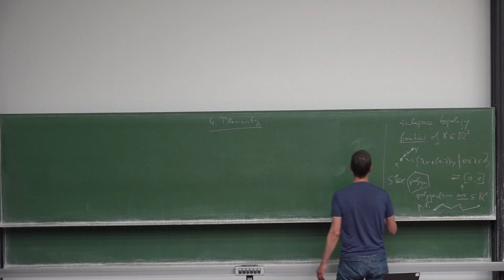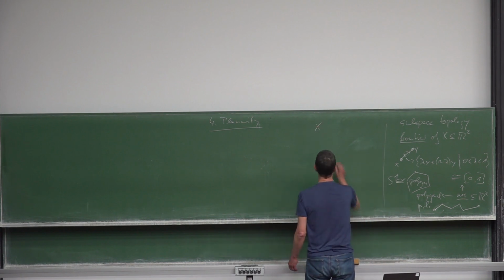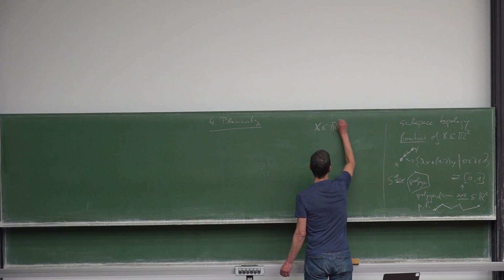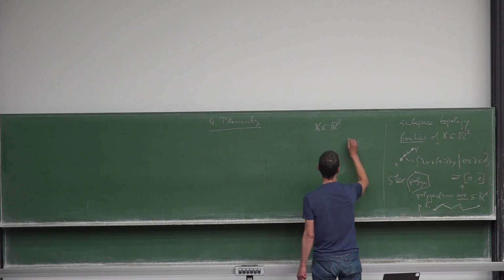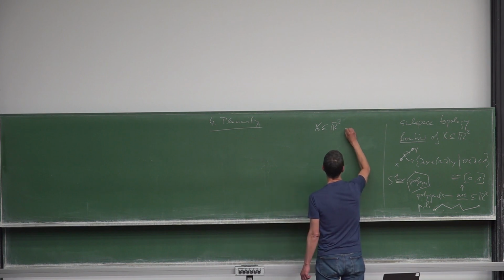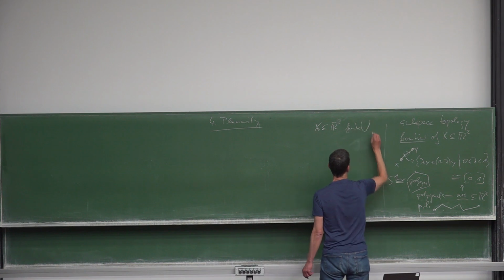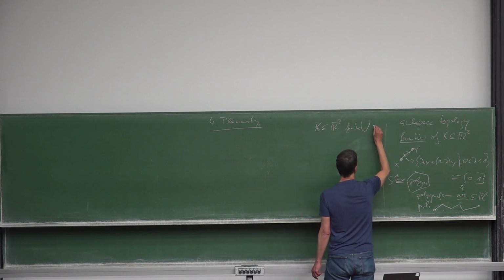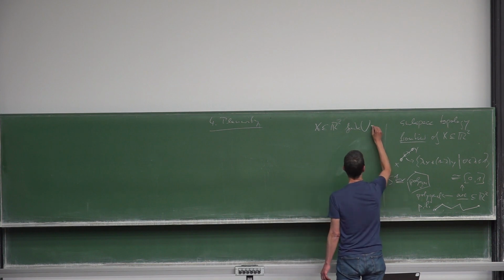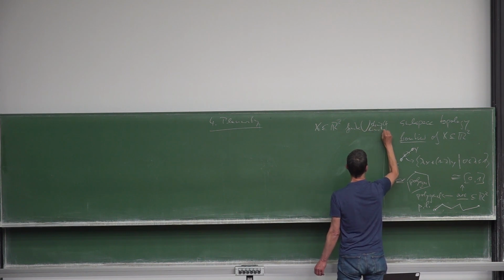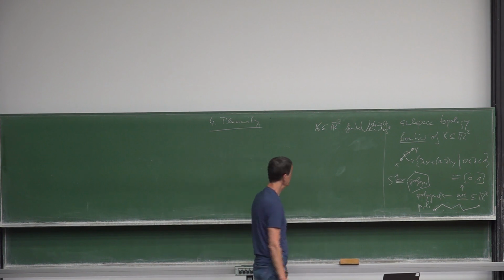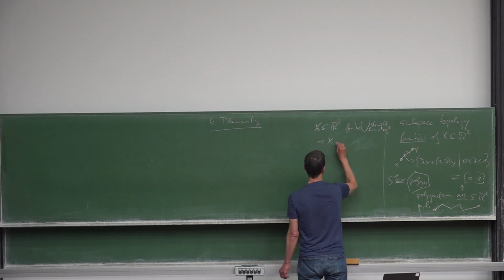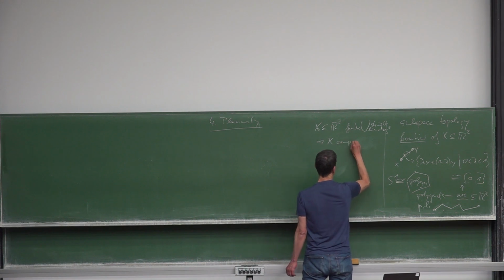So if x is a finite union of straight line segments, then in particular x is compact.